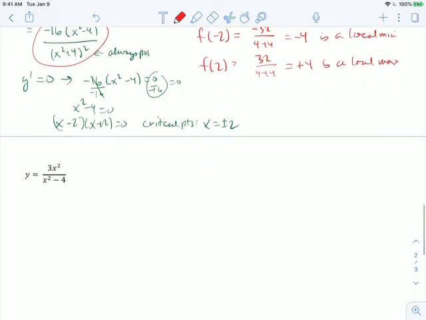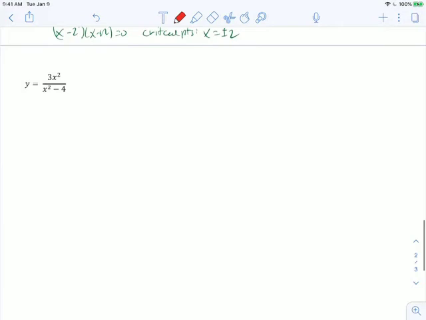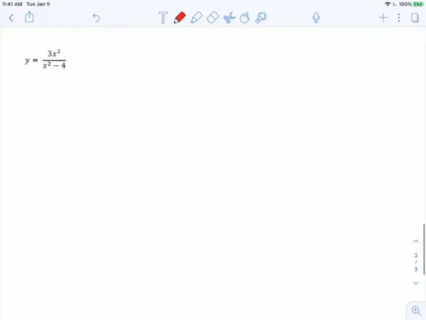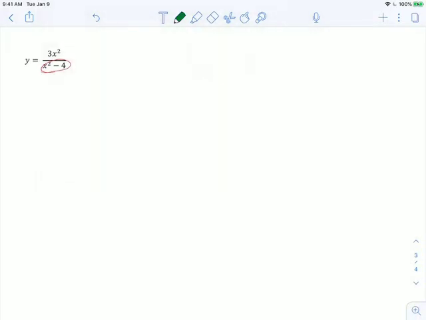So let's see what we can do with it. Y equals 3x squared over x squared minus 4. This one's a little bit different in that this time I've got to watch out in my denominator. So notice that y is undefined at x equals plus or minus 2. So we have to watch out for that.